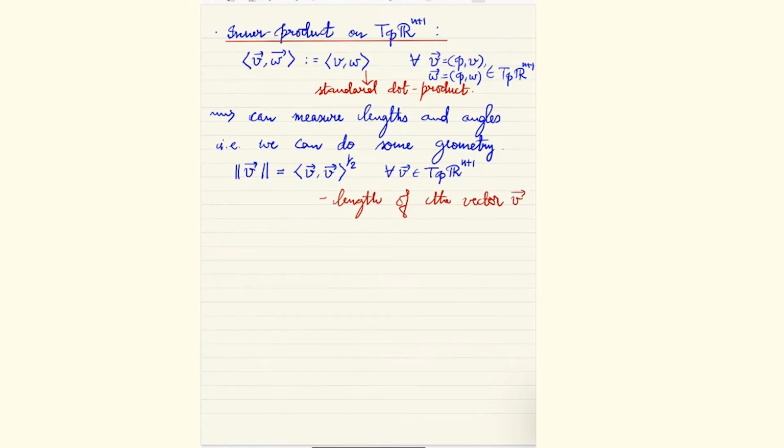Then, of course, you also have the angle between these vectors. Once you have an inner product, in this case just the standard dot product, the angle theta between vector v and vector w is given by the relation that cosine of theta is the inner product of these vectors normalized to length 1.